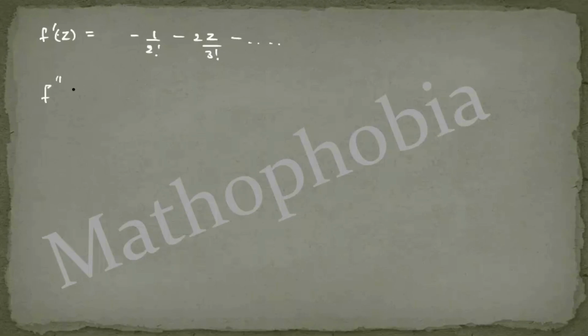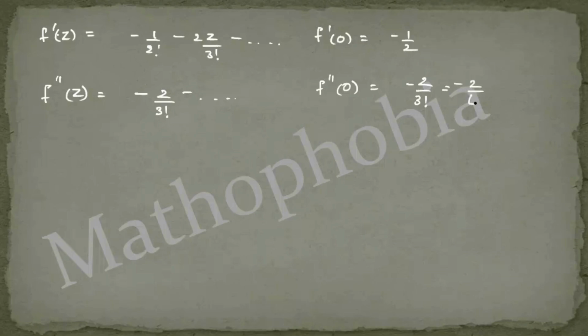And f double dash of z will be equal to minus 2 by 3 factorial minus etc., it goes on. So therefore f dash of 0 will be equal to minus 1 by 2, and f double dash of 0 will be equal to minus 2 by 3 factorial, which is equal to minus 2 by 6, which is equal to minus 1 by 3. So f dash of 0 value is minus 1 by 2 and f double dash of 0 value is minus 1 by 3.